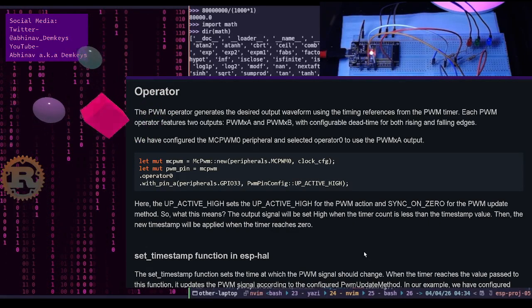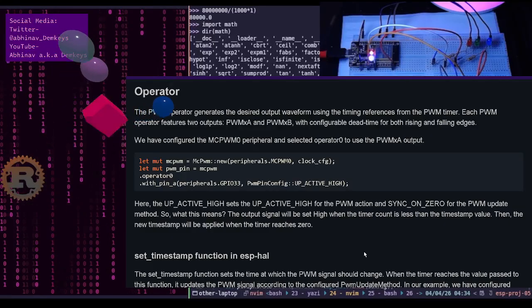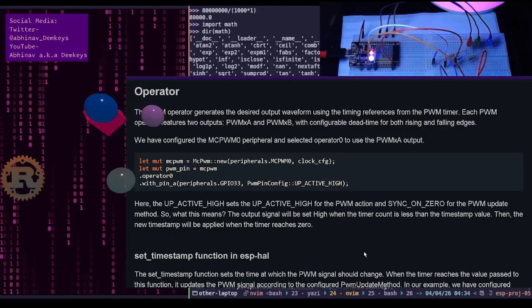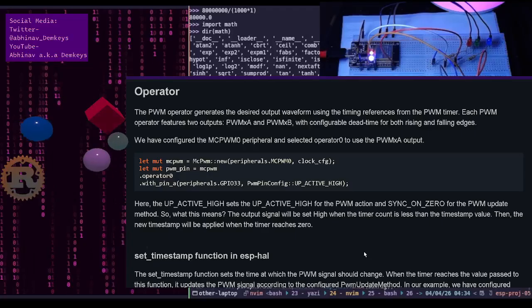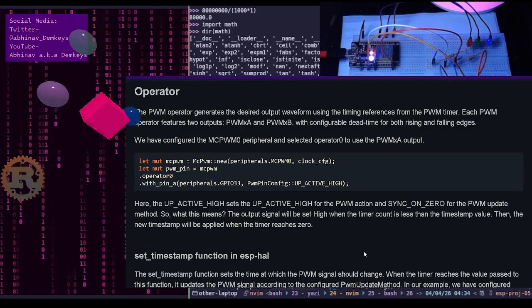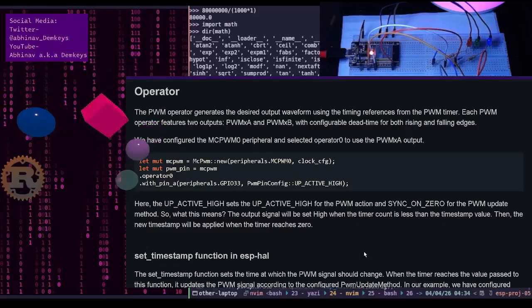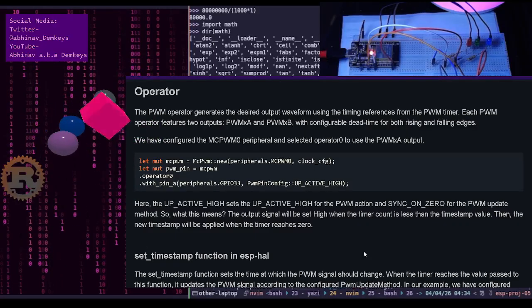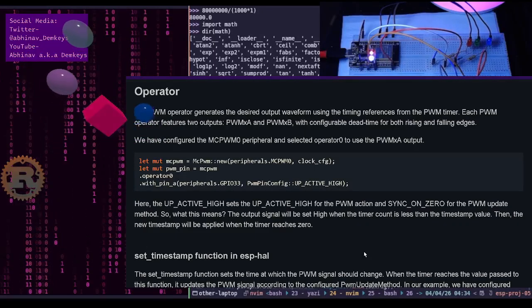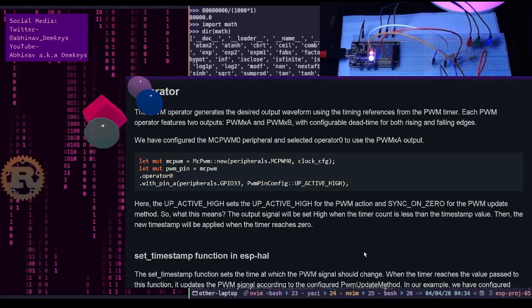The PWM operator generates the desired output waveform using the timing references from the PWM timer. Each PWM operator features 2 outputs, PWM-A and PWM-B, with configurable dead time for both rising and falling edges.